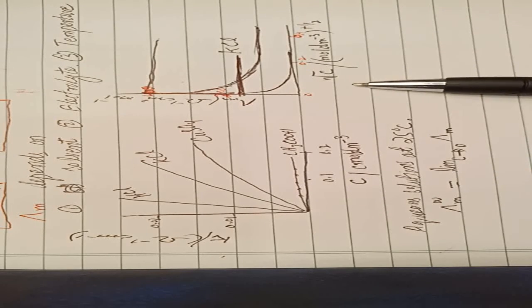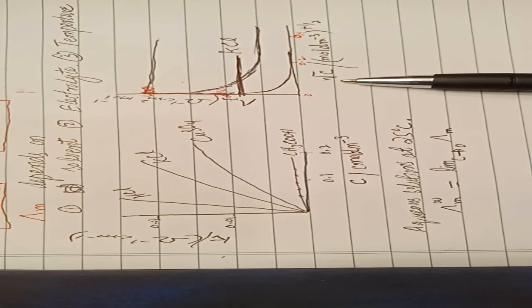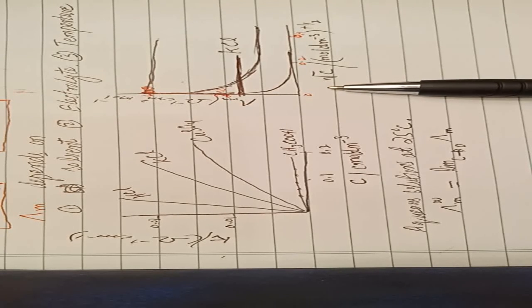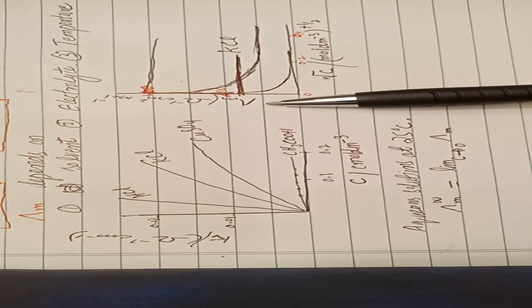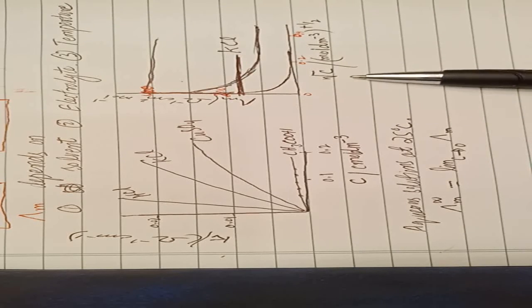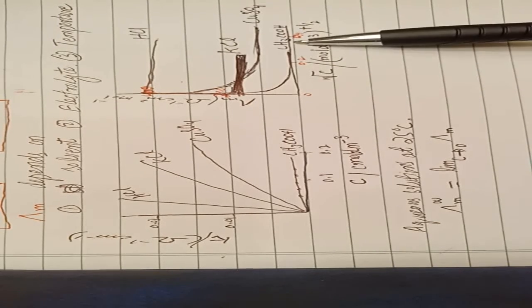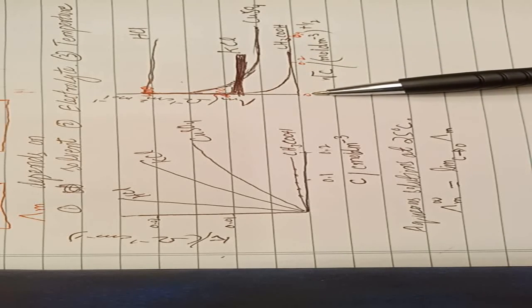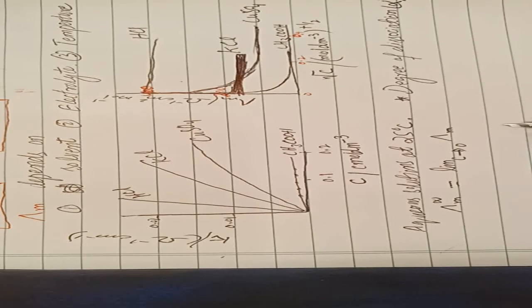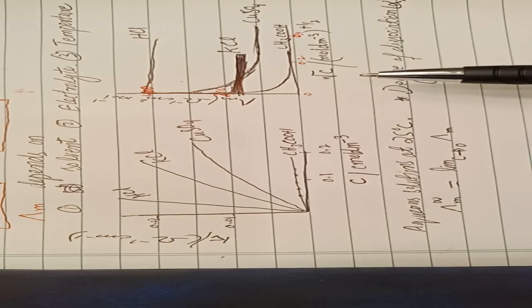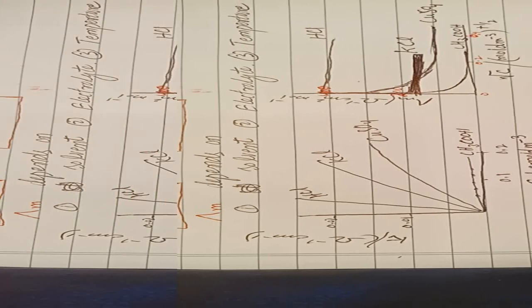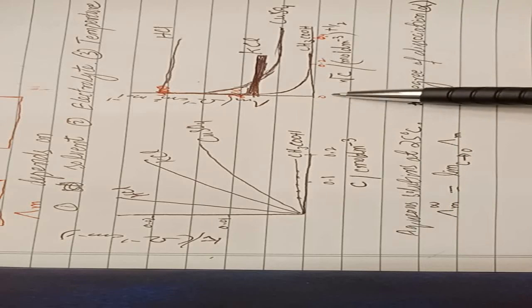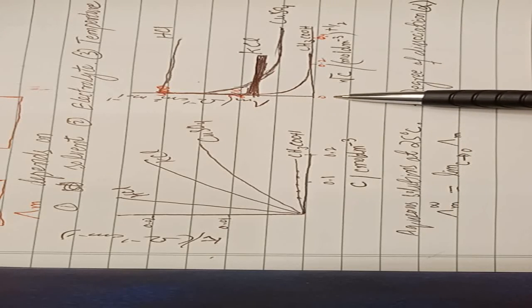Now let's consider another figure. That's an approximate figure I have drawn for the study of the behavior of molar conductivity with respect to the square root of concentration. For the case of acetic acid, as the concentration decreases to zero, the degree of dissociation rapidly increases near infinite dilution.